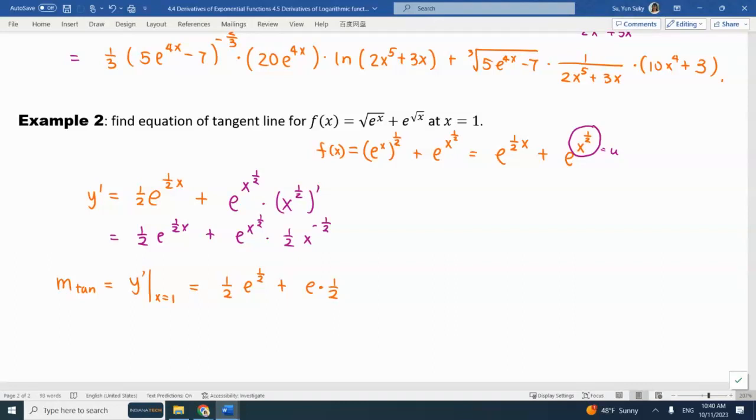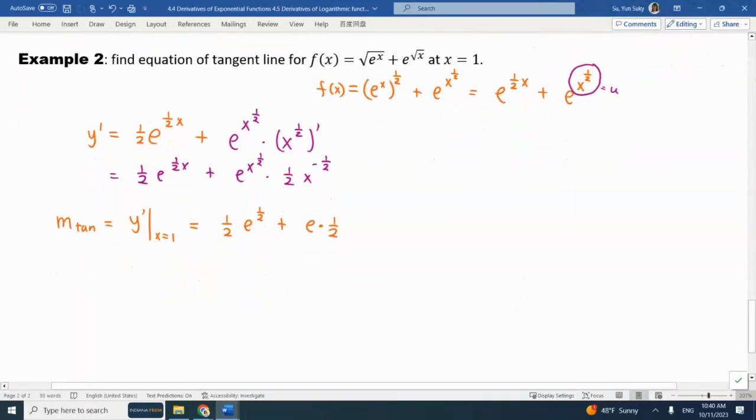Okay? So we have the tangent line slope, and we also need to find the point, right? The y coordinate is what? So f of 1 is what? I just put the y coordinate of the point is f of 1. f of 1 is square root of... you see this formula?